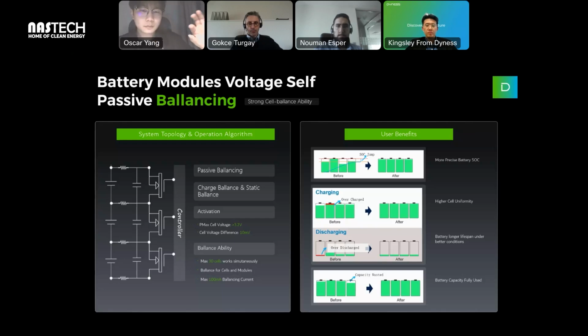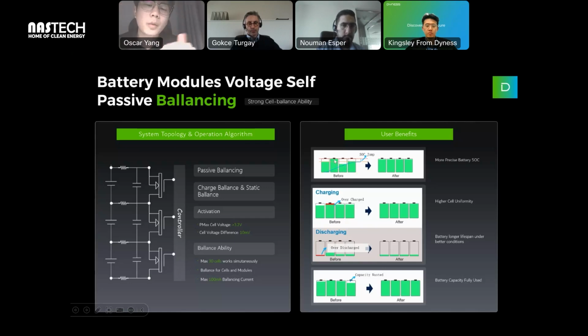When you are charging it, maybe because of the charging order, maybe because of a shock or a surge, there will be an imbalance between battery cells. For example, this battery cell, the SOC is already 100%, but other battery cells are not fully charged. So in this situation, it will trigger the passive balancing inside our BMS.